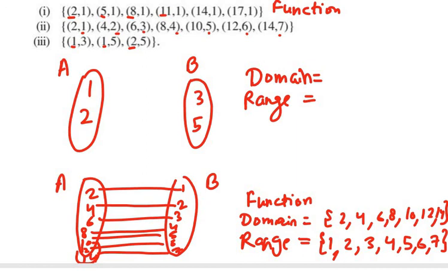So here you can see that 1 corresponds to two different images, 1 with 3 and 1 with 5. From this point alone we can say that it is not a function. And another pair we have is 2 with 5. So therefore we can say it is not a function. So we won't have a domain or range for this. So that's all for question number 1.